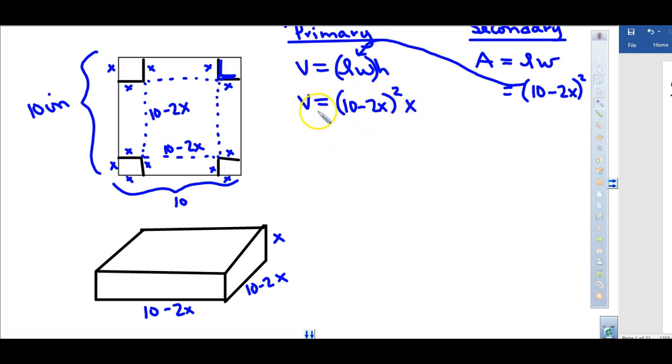So we are going to do the derivative of volume with respect to x. This is going to require chain rule and product rule.